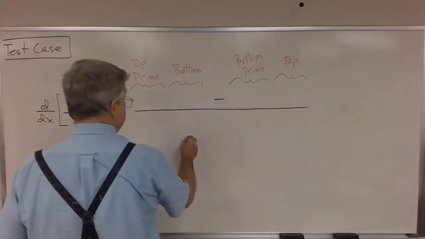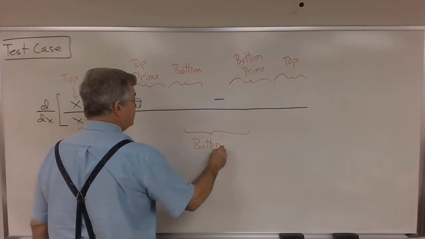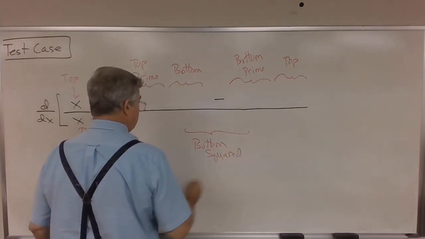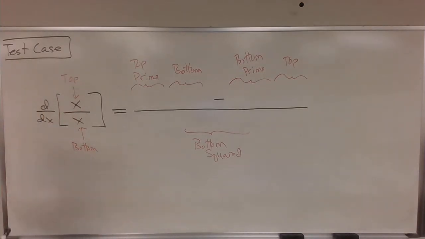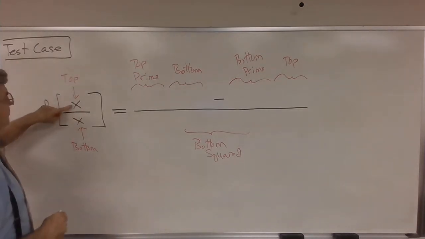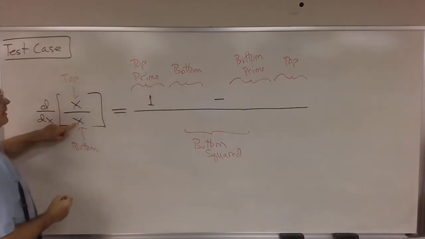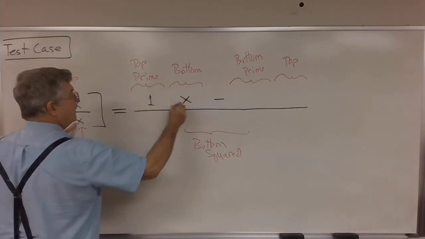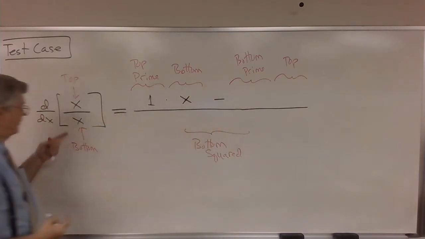So down here, we need to have the bottom squared. Okay. Top prime, the derivative of x is 1, times the bottom, minus the bottom prime.